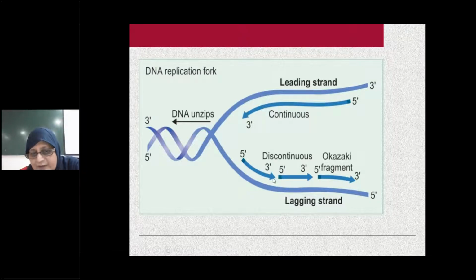Again, it is the same way. Once all this synthesis has taken place in the replication bubble, the RNA primer will be removed by exonuclease activity, and then new DNA will be synthesized to fill up this gap, and the gap will be sealed by DNA ligase.